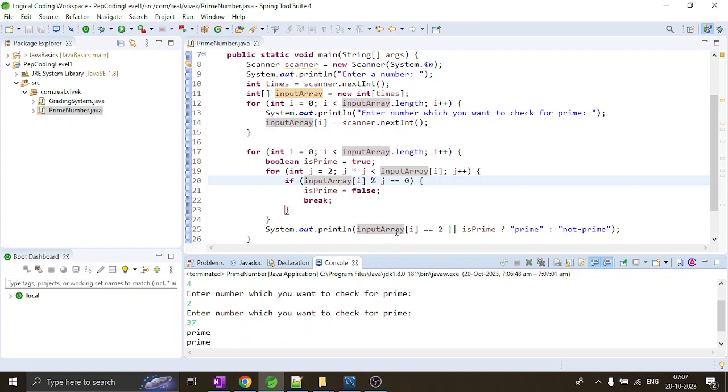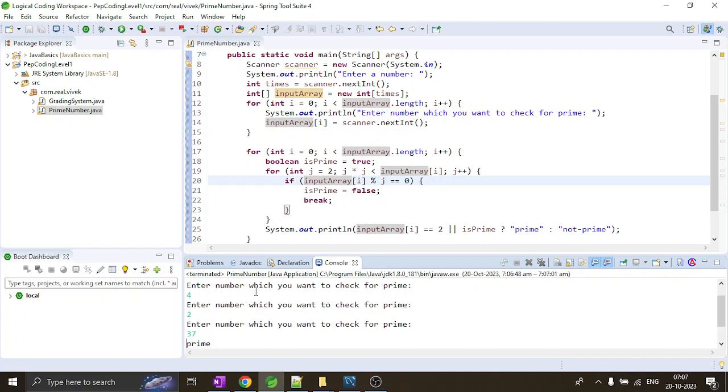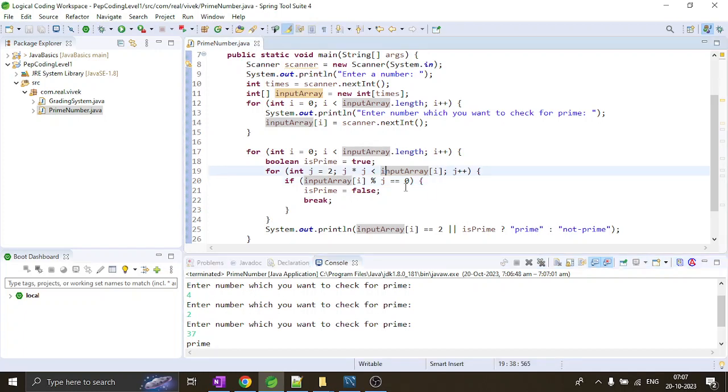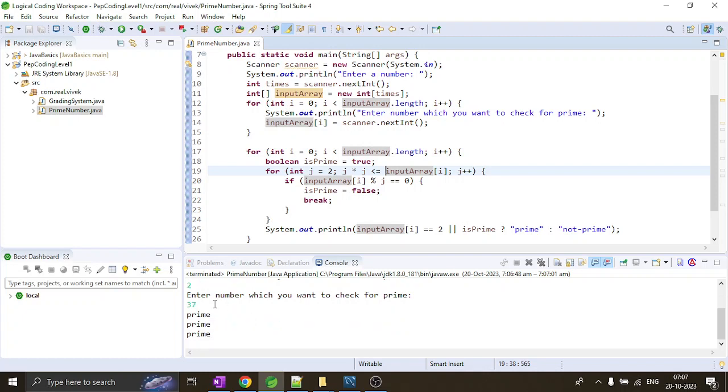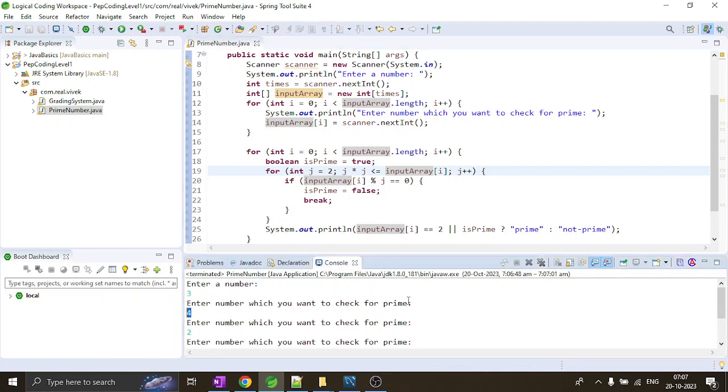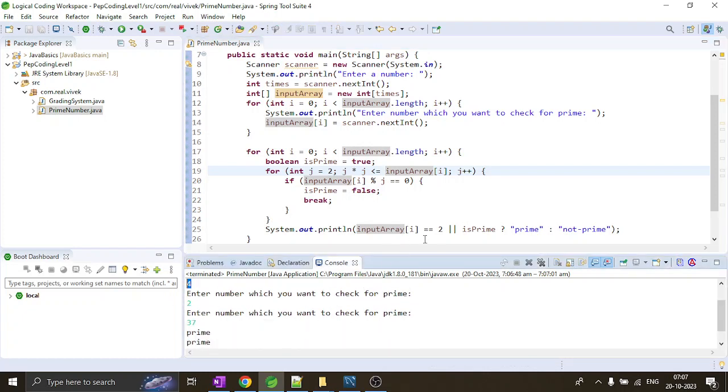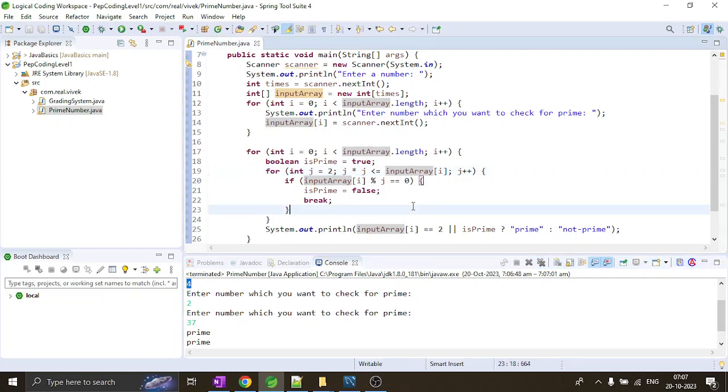Okay, so typically we have to iterate till j times j. So 4 is not a prime number, but still we have got it as prime, and the other two are as non-prime, right?